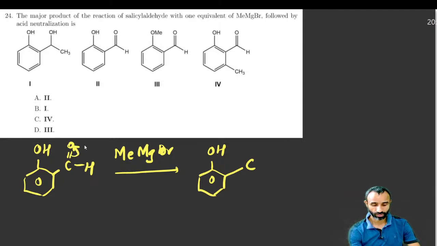C=O, there is a shifting of pi electron, methyl negative, Mg positive. So carbon positive will be attached to CH3. So it is CH3 and O negative, MgBr positive.